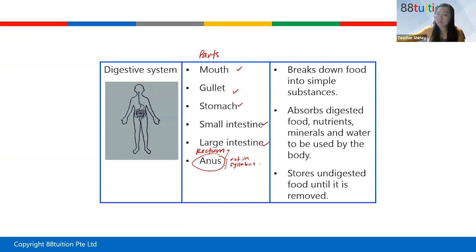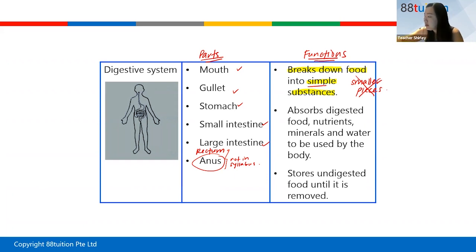So these are the different parts, right? Now we are talking about the functions. The main function of the digestive system is to break down food into simple substances. A lot of students might write smaller pieces, which is not really correct.